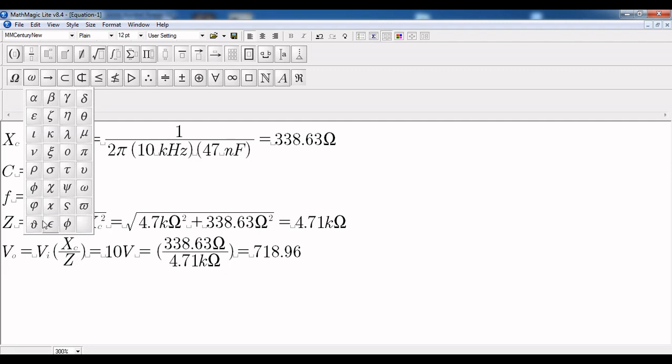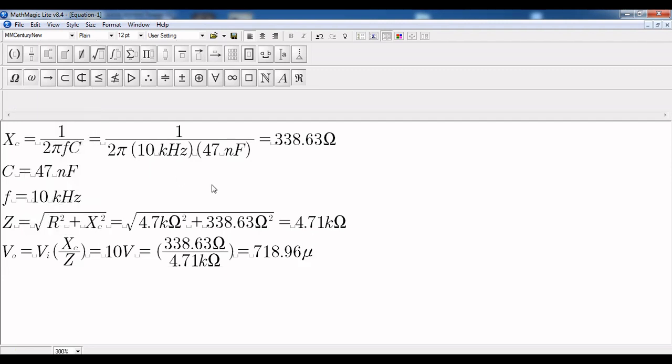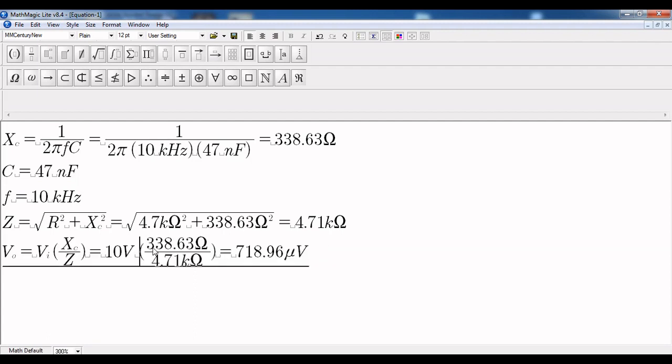So 718.96 microvolts. So it's quite small. Actually, it's very small because most probably the frequency is already above the critical frequency. That means it has been blocked or attenuated.